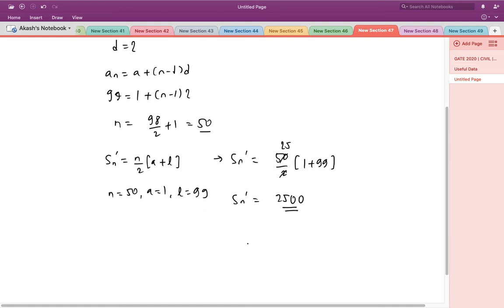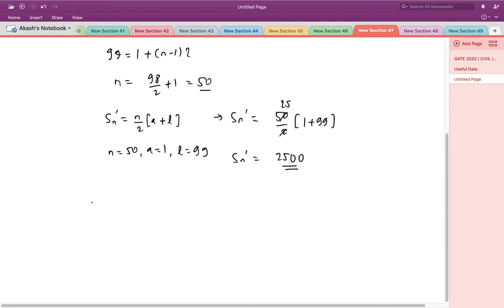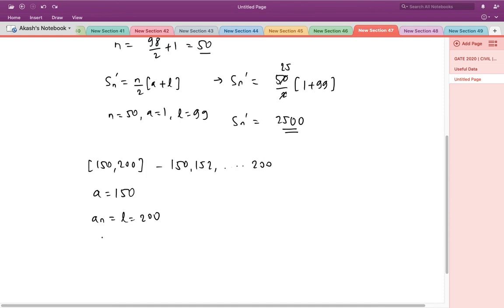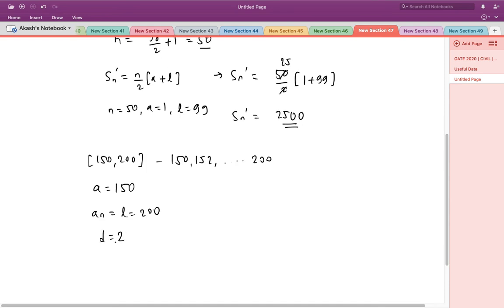Now let's calculate the sum of the even series. The even series is in the range of 150 to 200, which can also be written like this. Here the first term would be 150, the last term or the nth term would be 200, and the common difference would be 2.